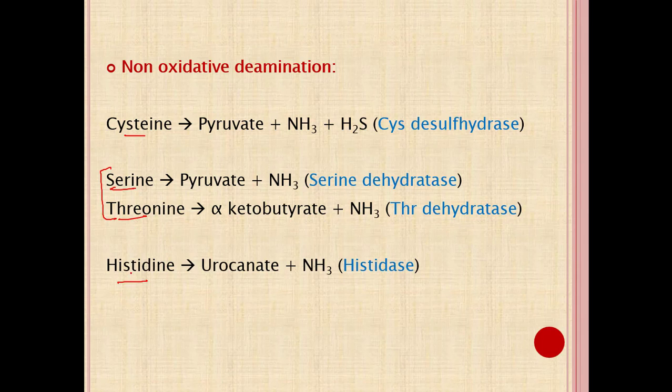How do you remember? OH group containing amino acids, sulfur group containing amino acids and histidine. So mainly two things you have to remember. Amino acids that do not undergo transamination are lysine, threonine, proline, hydroxyproline, and amino acids that undergo non-oxidative deamination are cysteine, OH group containing amino acids and histidine.